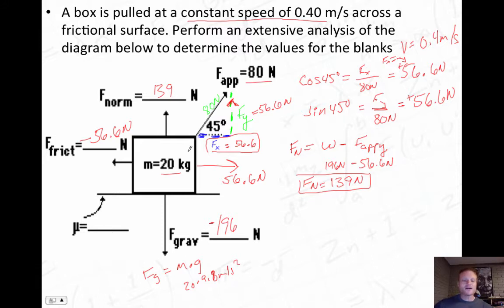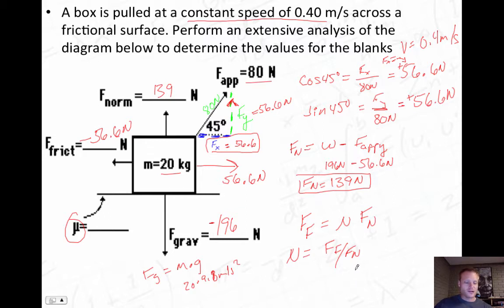Okay. Now, how can I figure out mu here? Well, if you remember, the formula for dealing with mu is the force of friction equals mu times the normal force. Basically what I'm going to do is a little bit of manipulation, where mu equals the force of friction divided by the normal force. I just brought the normal force over to the left-hand side.